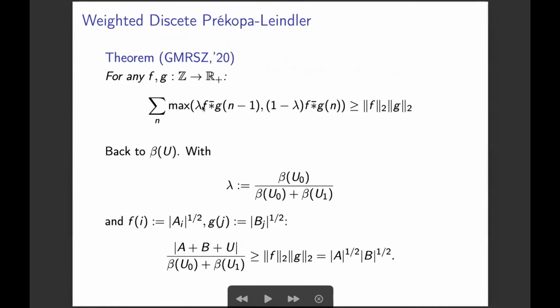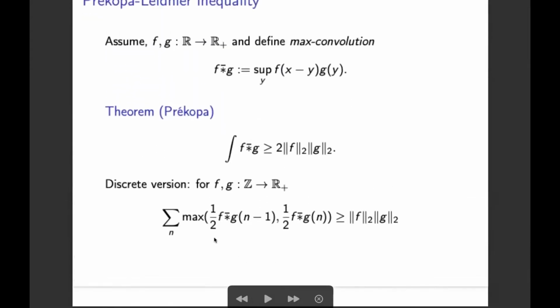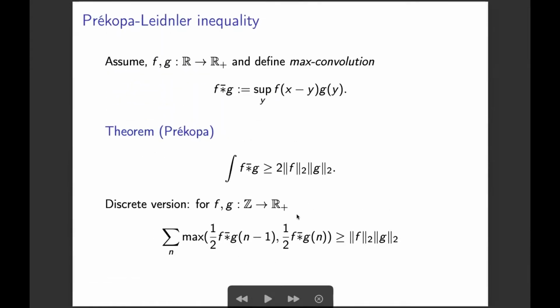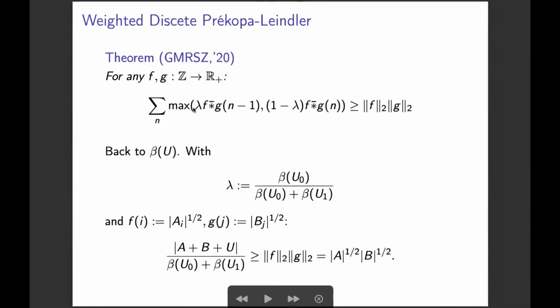But this is actually true for any lambda. And that's kind of the whole point here, because for 1/2 and 1/2, we can prove it by hand, with just some arithmetic. But if we allow this to be unequal, and this is what is actually important here, because the betas on the slices can be of different values, then it becomes harder.